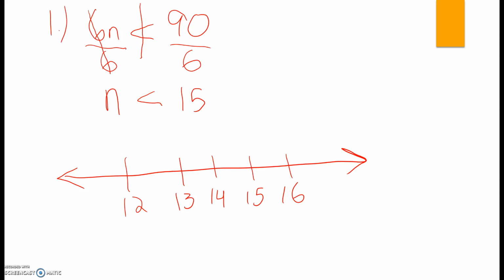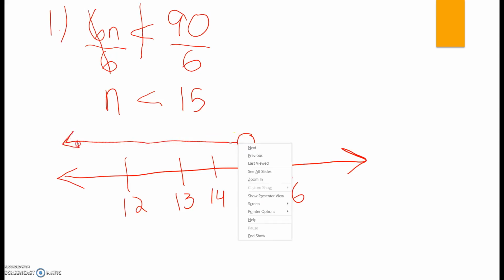Now I'm going to graph it. Because it doesn't have a line underneath of the inequality sign, it's going to be an open circle. And you can look back on your notes to find that. It says n is less than 15. So all of my solutions are going to be all the numbers less than 15.